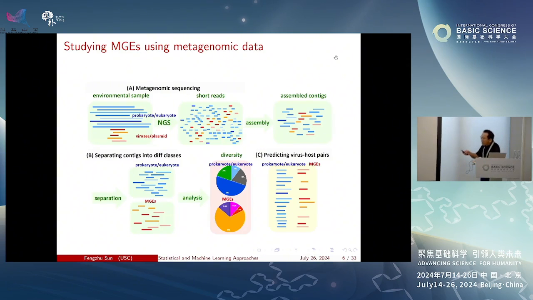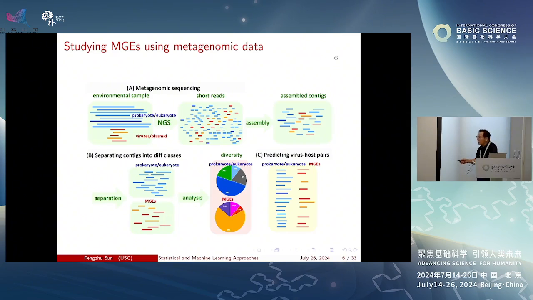So those are unknown, and we only know just a drop of water or just some soil, and then we get them, and then we don't know what are there. So how do we say what are there? We do sequencing. They just do random sequencing, and after we do sequencing, what we get are those short read.